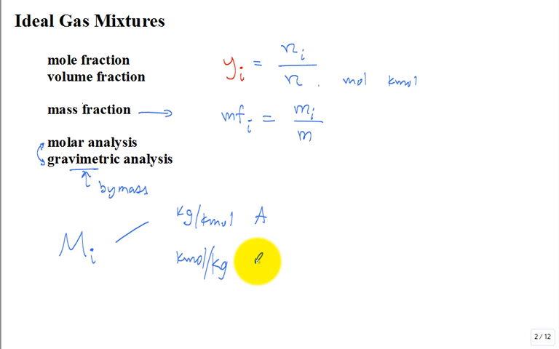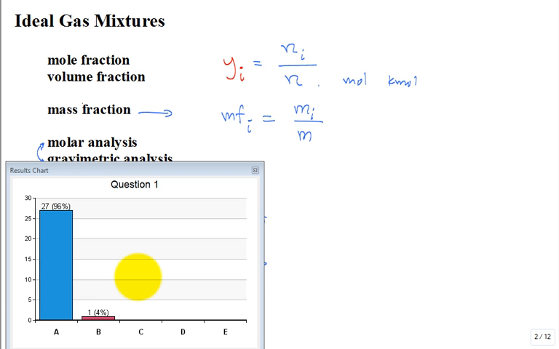Answer A or answer B? Which is it? SI units for big M, the molar mass. Kilograms per kilomole or kilomoles per kilogram? Let's go ahead and stop it. And very good.